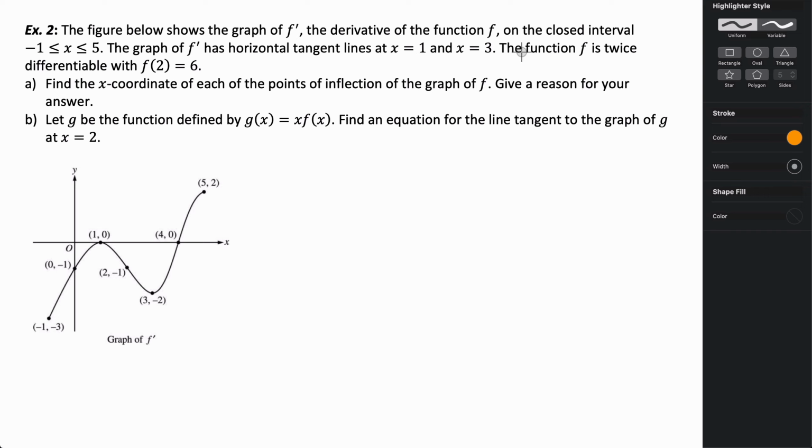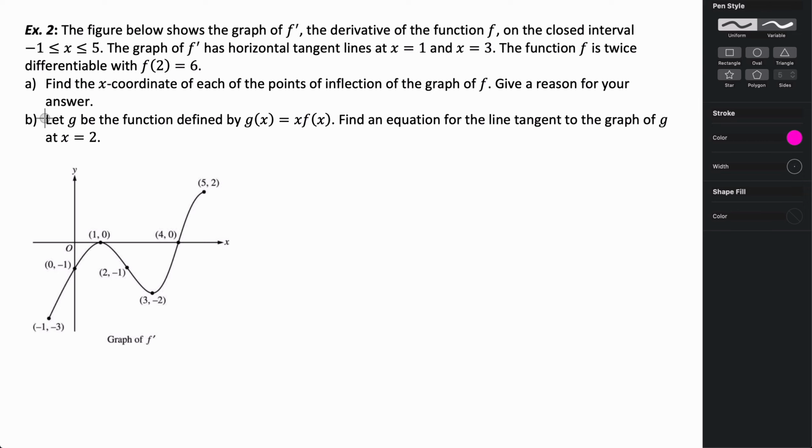And that our function f is twice differentiable with f of 2 equaling 6. So we know that the second derivative exists because it's twice differentiable, which means this function is differentiable. And we can see that from the graph itself, right? It's smooth and continuous, so it's going to be differentiable.